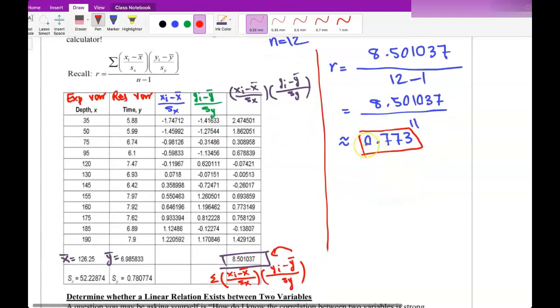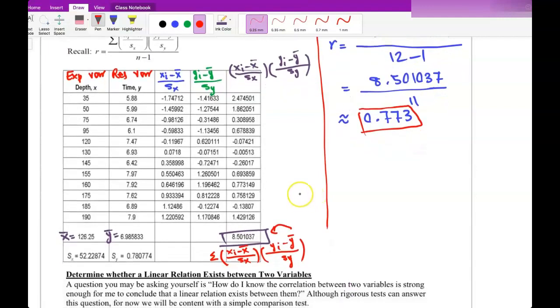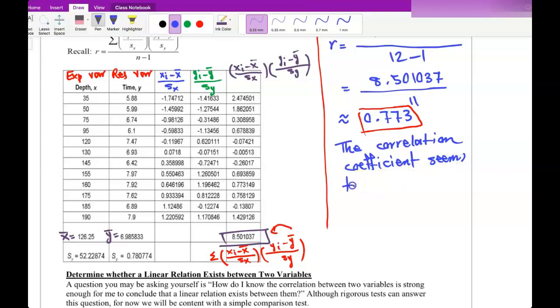Since this one is positive, what that means is we have a positive association. So using that correlation, we have positive association.